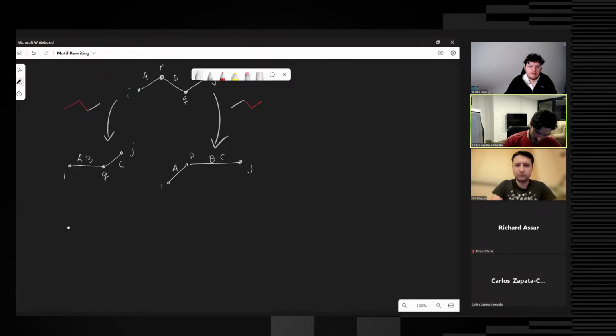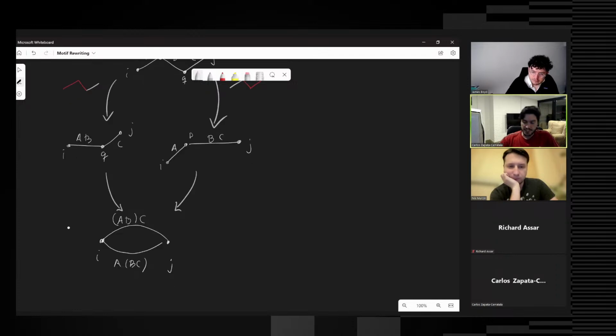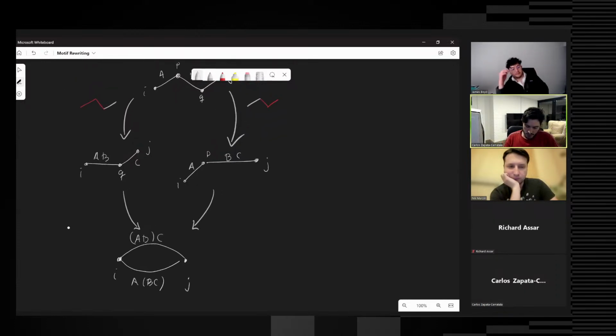And so the crucial point is that now they both rewrite to something that lives between I and J. That's kind of the key point, I and J. So you have these two edges here. So this one is A, B, C, and this one is A, B, C, right? So in terms of just the diagrams themselves, you end up with a confluent diagram, because in both cases, you have a single edge between I and J, right?